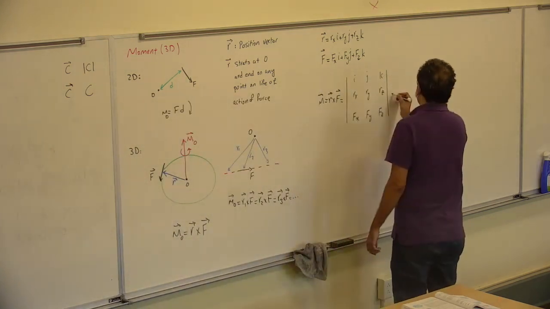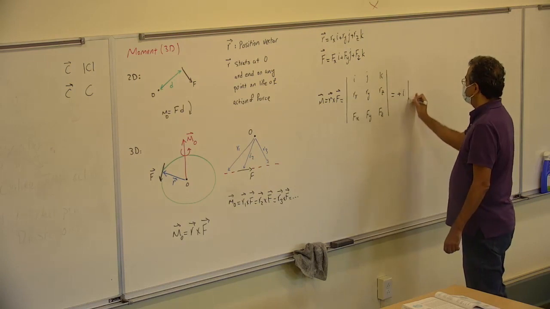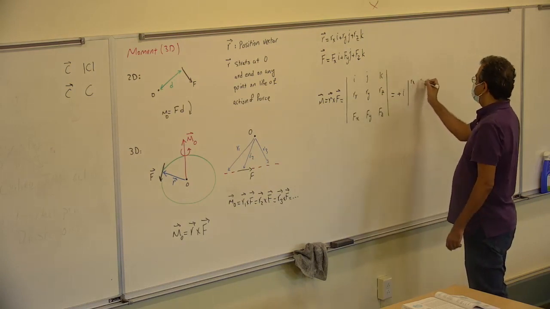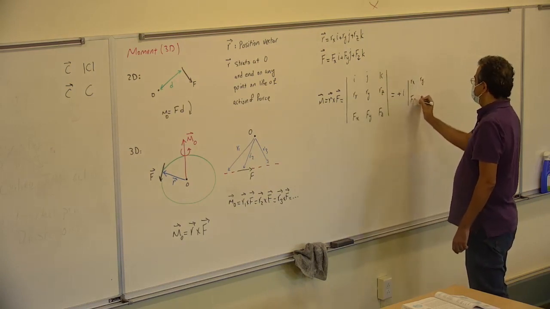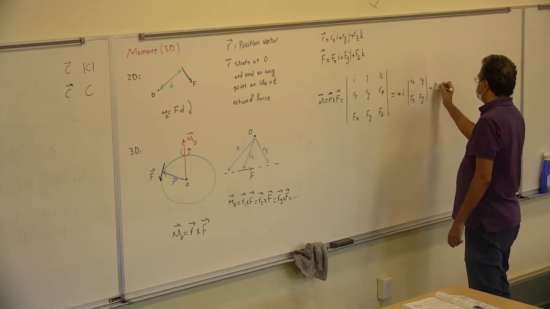So similar to what we have, it's going to be plus i times the determinant of ry, rz, fy, fz, minus j times rx, rz, fx, fz, plus k times rx, ry, fx, fy.